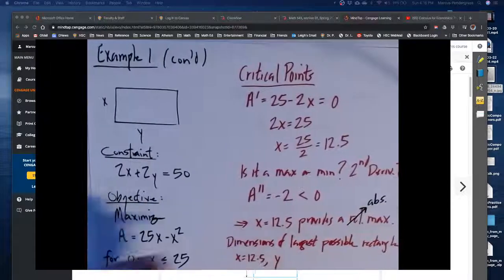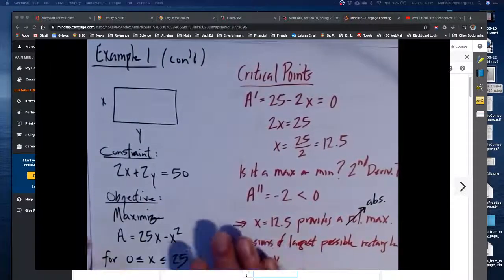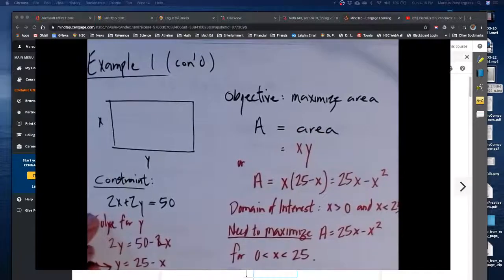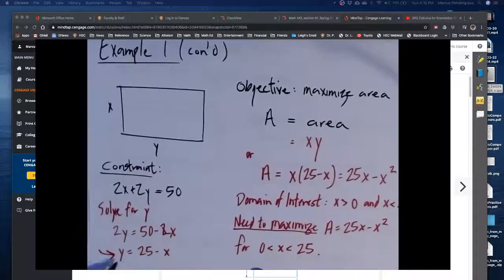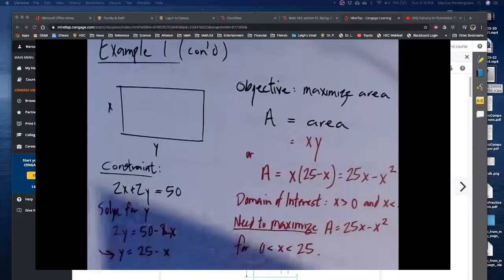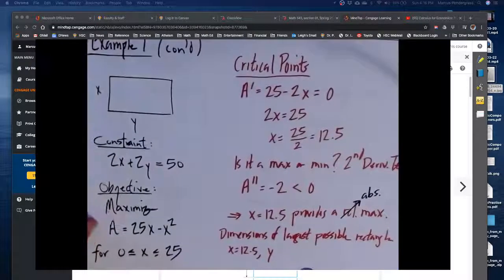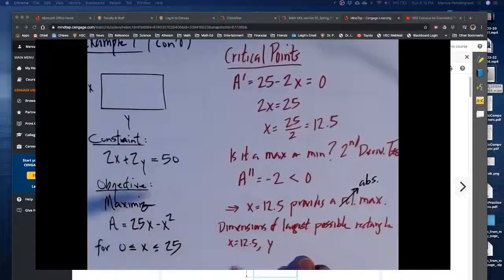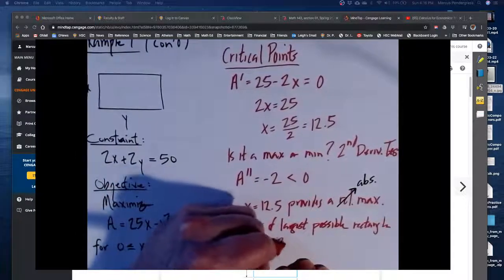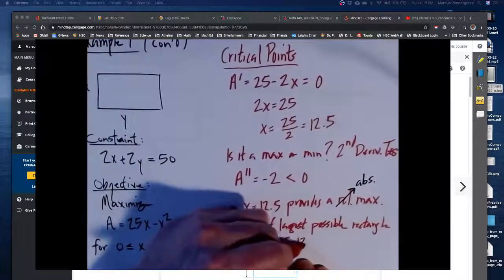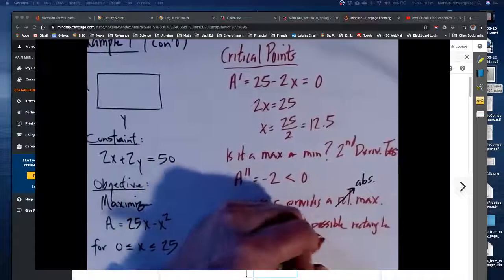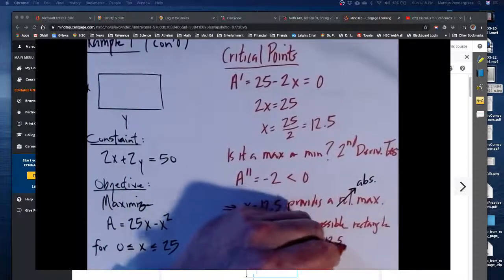And then for the y, you'd want to go back to our previous work. And here we found that y was always going to be 25 minus x in this situation. So y here would be 25 minus our x value, 12.5, and that turns out to be 12.5.